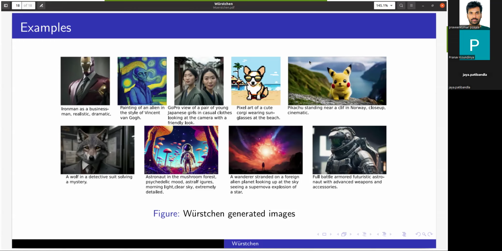But there is a nice interpretation in the paper about what stage C brings in and what stage B helps in. Could you please open it, on page number 24 or 25? Do you have the paper with you? Yes, sir, I have the paper, it has 29 pages.